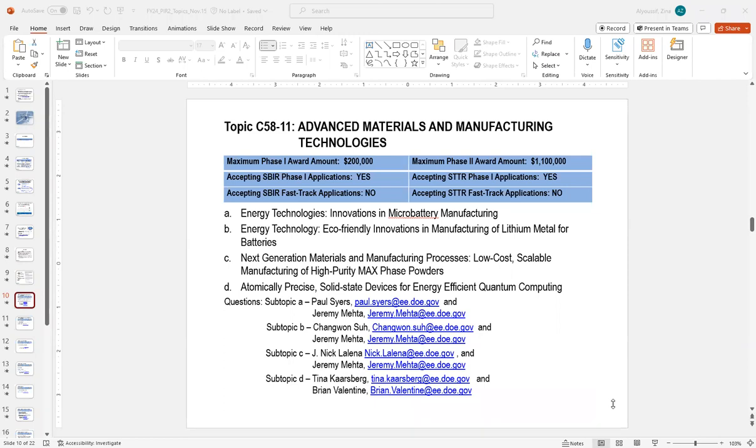There is a question for topic 11, but it did not specify the subtopic. Does a technology for in situ testing and micro scale material characterization of additive manufacturing materials fit into this topic 11? I guess the person is inquiring whether what they are asking about fits under any of the subtopics.